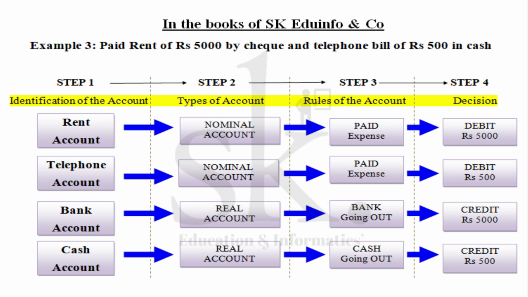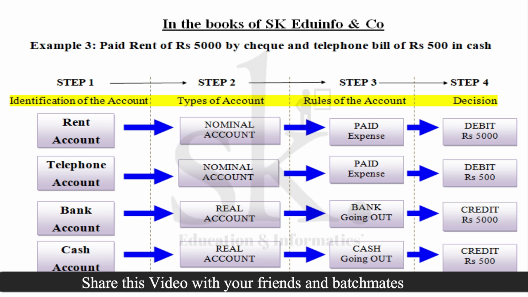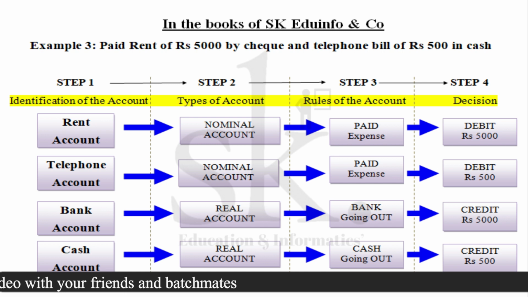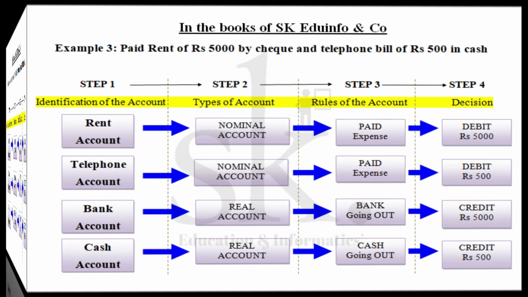You are paying telephone bill via cash, which is rupees 500. So your cash balance falls or is going out. So cash will be credited with rupees 500. Thus, rent will be debited with rupees 5,000, telephone will be debited with rupees 500, bank to be credited with rupees 5,000 and cash to be credited with rupees 500.